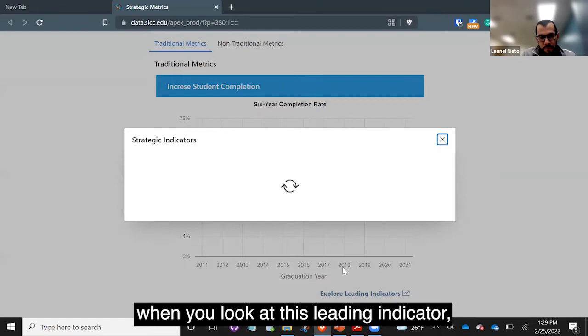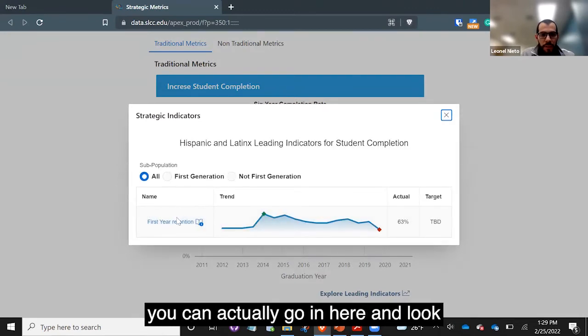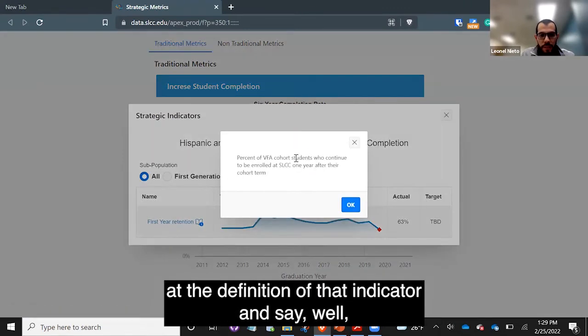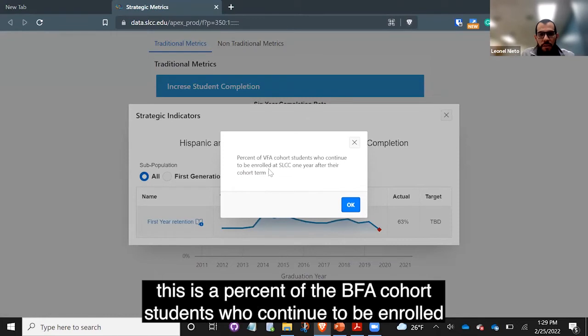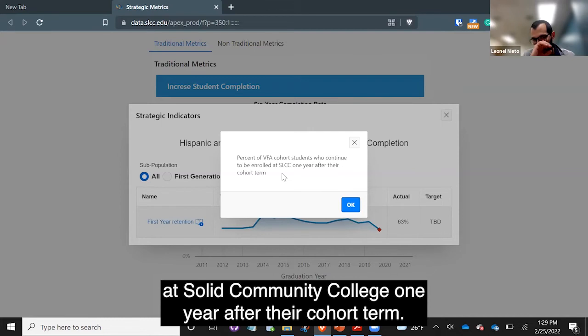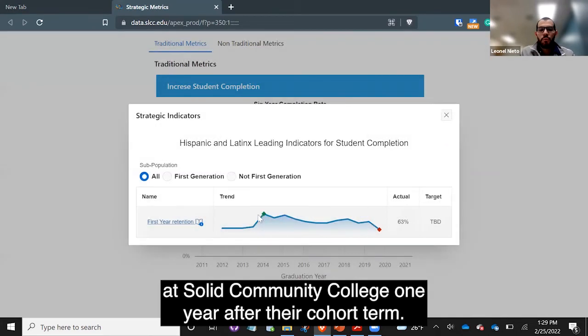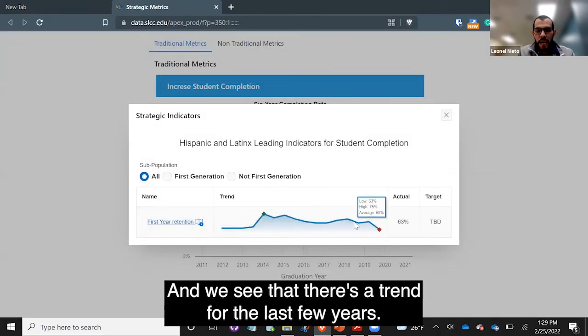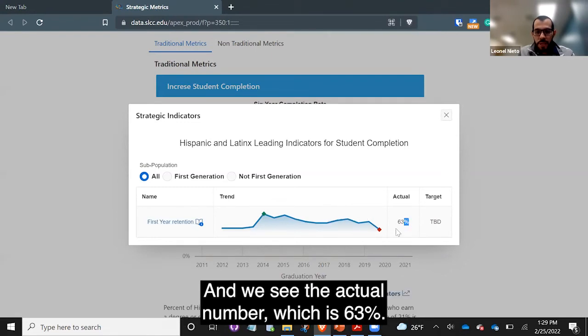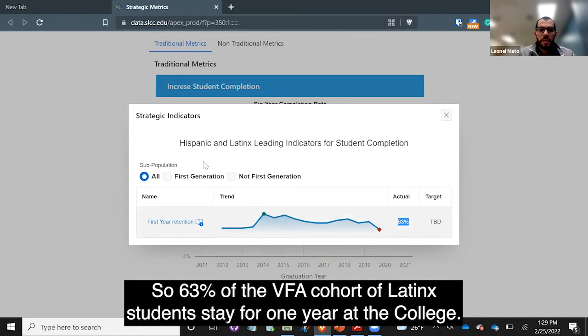And when you look at this leading indicator, you can actually go in here and look at the definition of that indicator and say, well, this is a percent of the BFA cohort students who continue to be enrolled at Solid Community College 1 year after their cohort term. And we see that there's a trend for the last few years, and we see the actual number, which is 63%. So 63% of the BFA cohort of Latinx students stay for 1 year at the college.